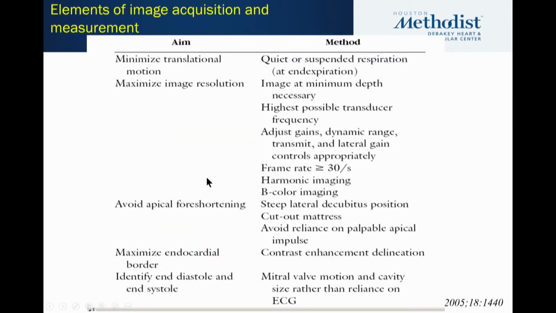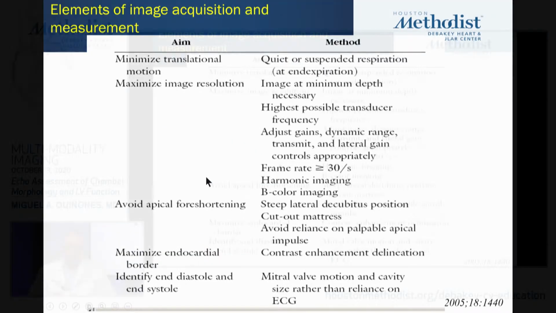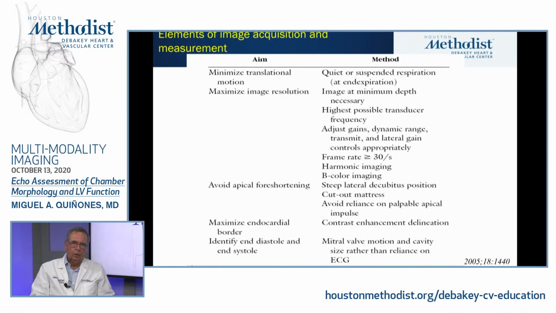from diastole to systole. This is a table taken from that ASE document with some of the tips that are given to try to get a good acquisition for measurements of the left ventricle. Minimize translational motion. If the patient is breathing hard, try to have them breathe a little more quietly, or maybe hold their breath for a few seconds.